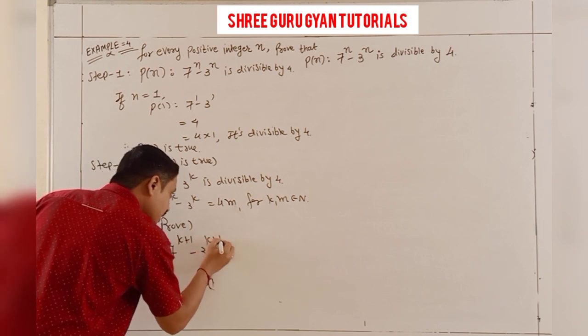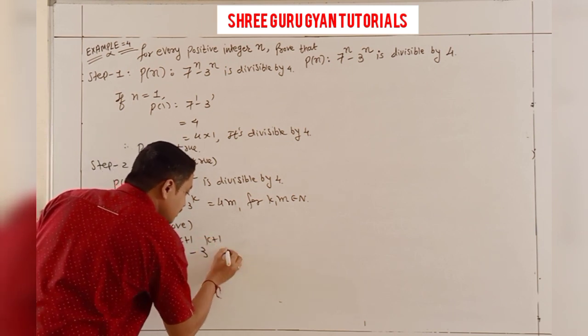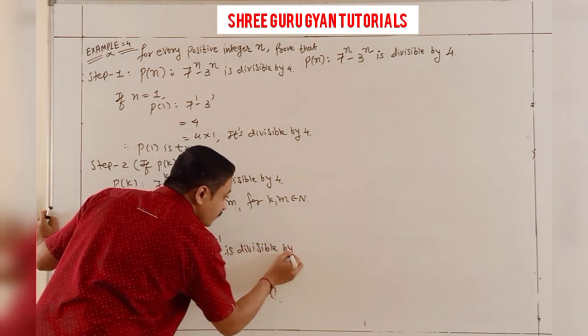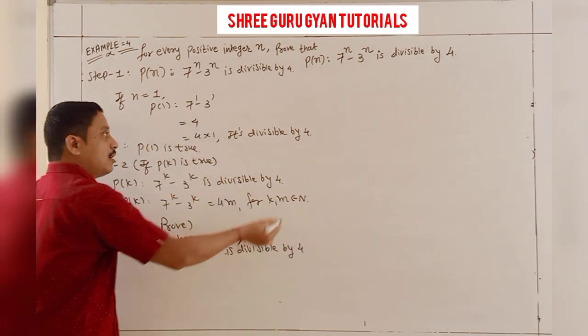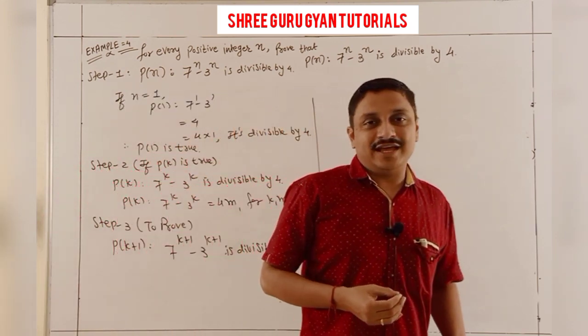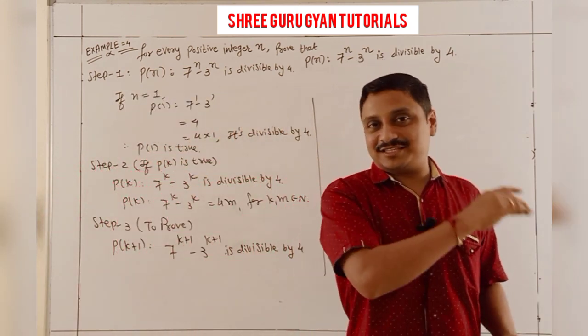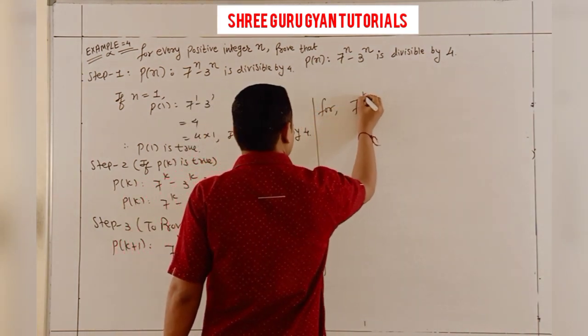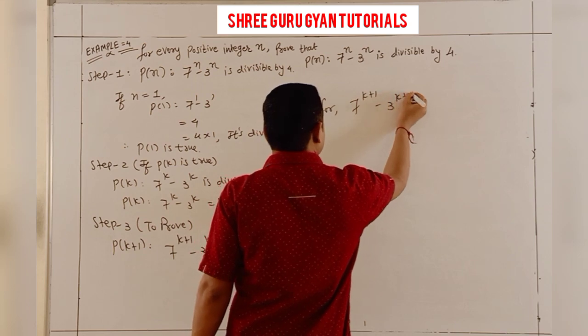So here, 7 raised to k plus 1 plus 3 raised to k plus 1 is divisible by 4. Now I prove that. Utilize step 2 and happily finish our last step. So what is the value of 7 raised to k plus 1 plus 3 raised to k plus 1?